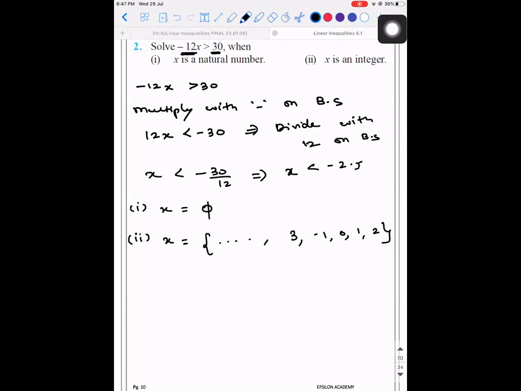Then for the second one also to change, no, sir? Then it should be up till minus 2.5, so minus 4, minus 3. X is less than minus 2.5, so what will you have? You will have till minus 3. That's it. Okay, sir.